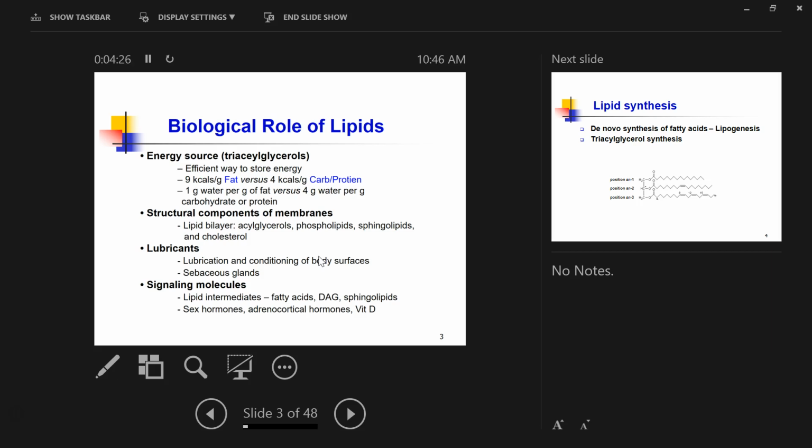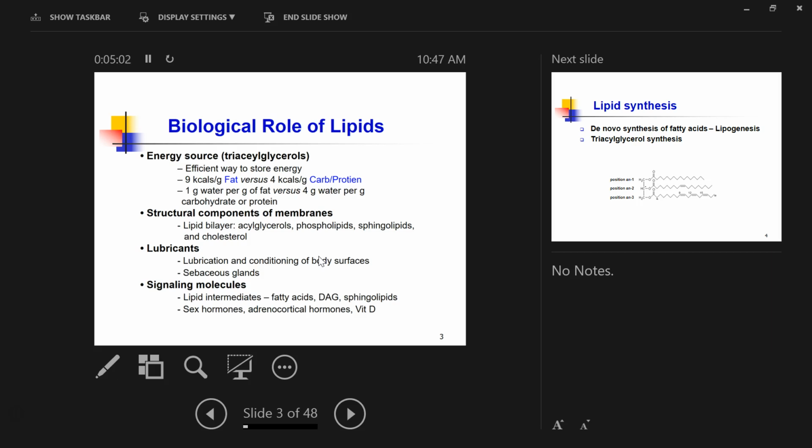And thirdly, lipids also serve as so-called lubricants, right? We need lubrication or conditioning of our body surface, so lipids are also present in the sebaceous glands on the skin surface. And lastly, now we know some lipids are very important, serving as so-called signaling molecules.